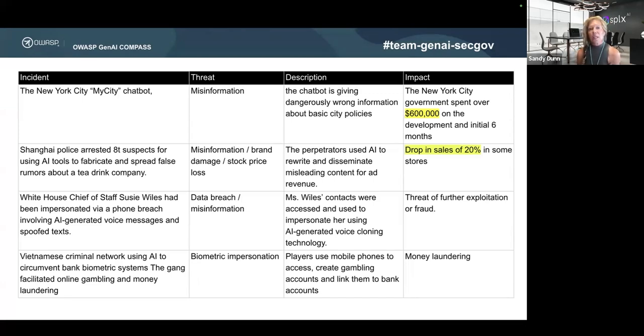They were just using it to get around the laws around gambling, but they were doing some money laundering. So, hopefully that helps you understand why using the compass and the strategy of understanding the threats and impact costs will help you define your strategy.